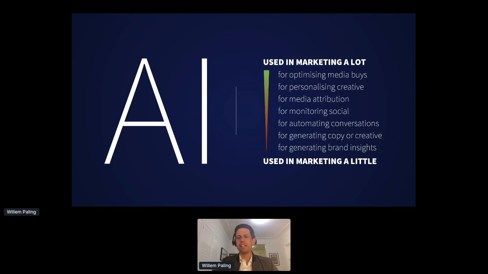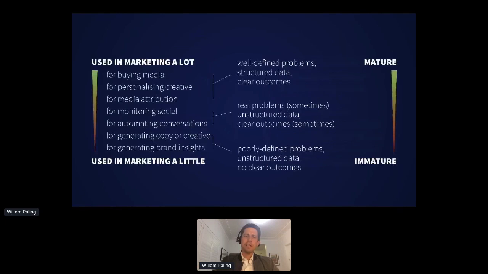Then there are other things where it's used much less frequently, like generating brand insights to replace an analyst who would understand how a brand is perceived by a population, or generating ad copy or creative, or automating conversations. The cases where it's used a lot are quite well-defined problems.